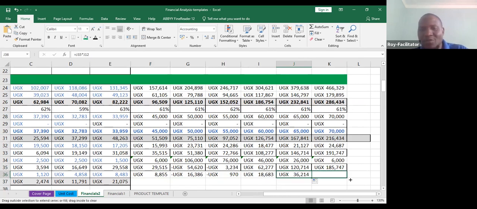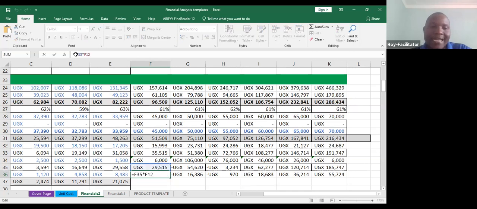Ideally, I'm not supposed to have tax when earnings are negative. So here I can add an IF statement, though I didn't want to bring it up because sometimes it's a bit complicated.